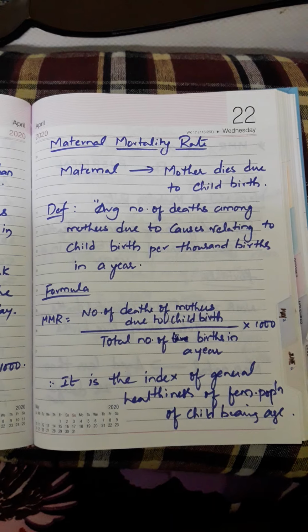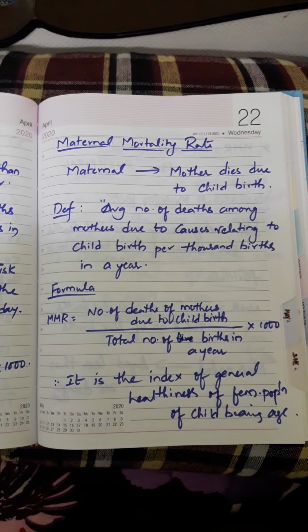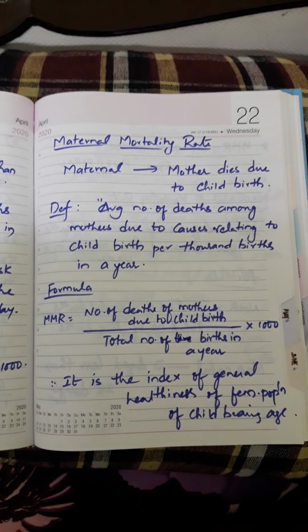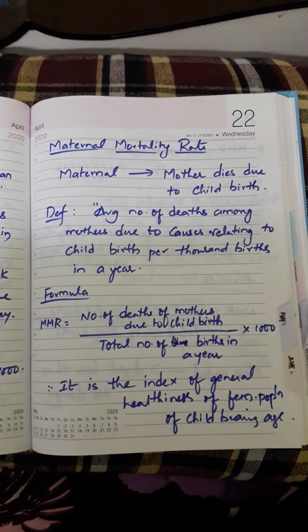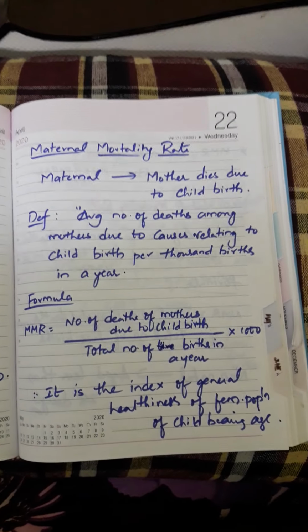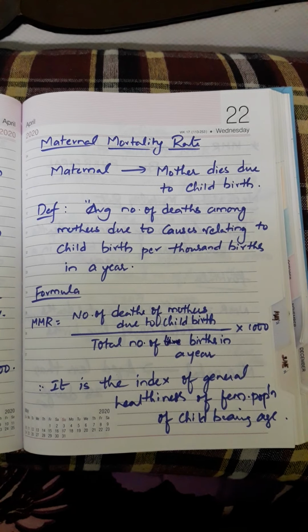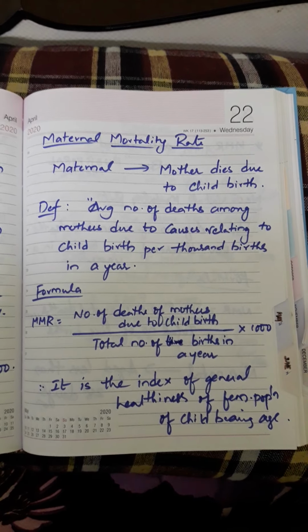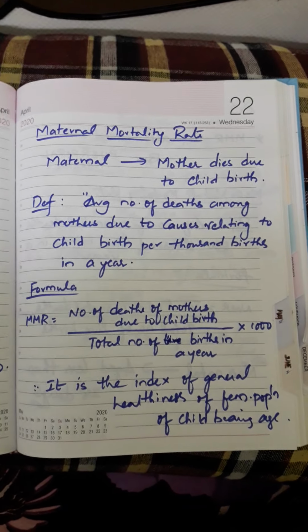Generally, for the healthiness of the female population of childbearing age, this method is used. Healthiness of the female population, because population grows only through females. Clear? So when a female birth occurs, there is a possibility of one more reproduction.